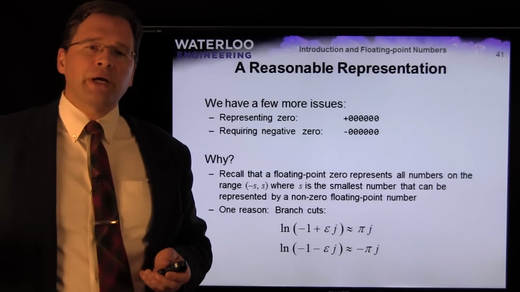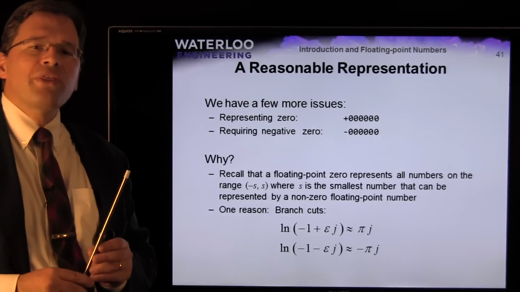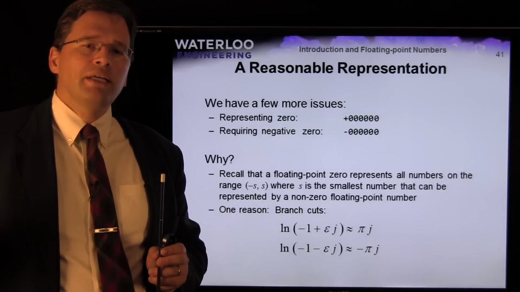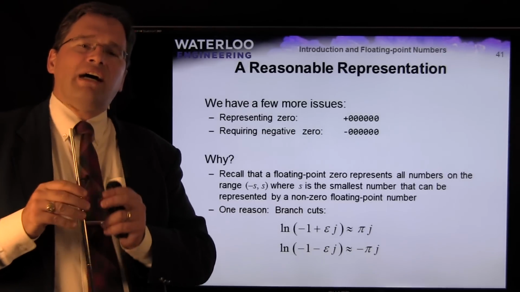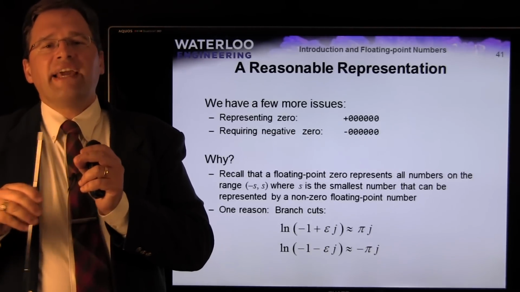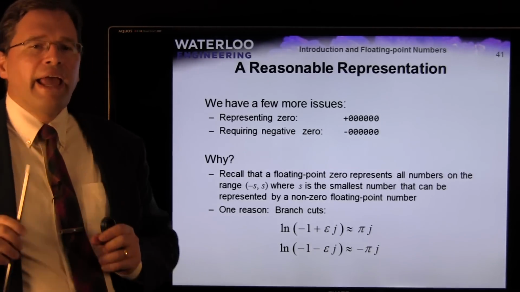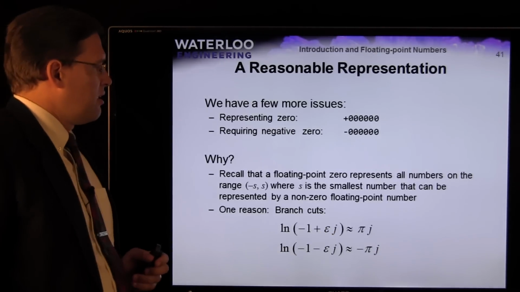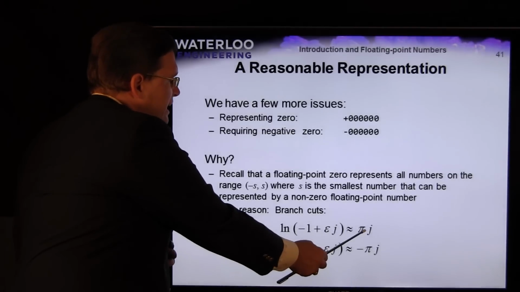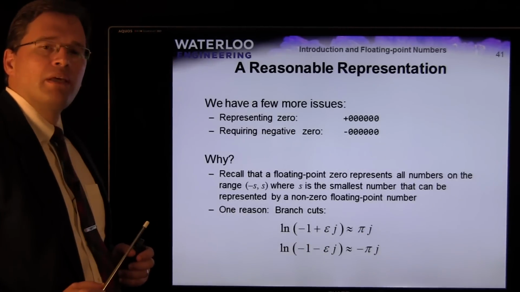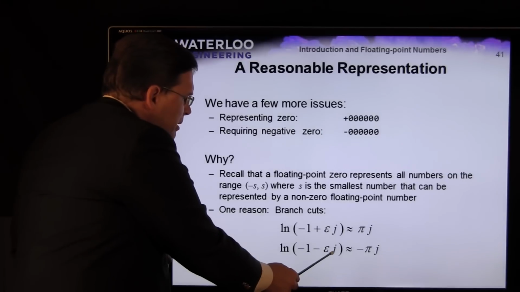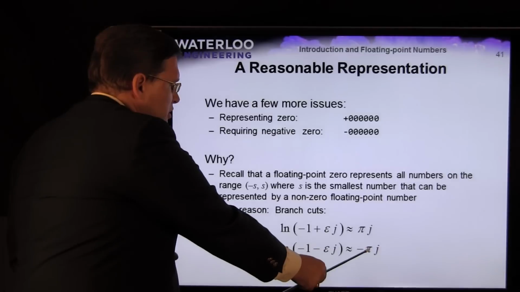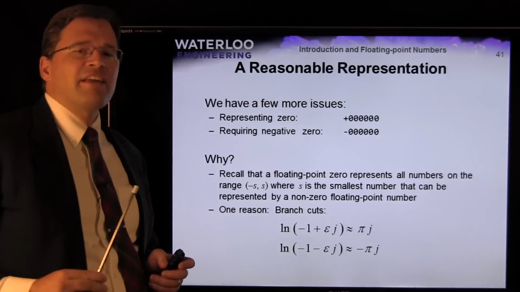For example, branch cuts. Now you know that ln of negative 1 is j times pi. However, ln has a branch cut along the negative real axis. And so if you go just a little bit above the axis, ln of this value is pi j. But on the other hand, if you go just a little bit below the real line and evaluate the natural logarithm at that point, the actual value is not pi j, but negative pi j.